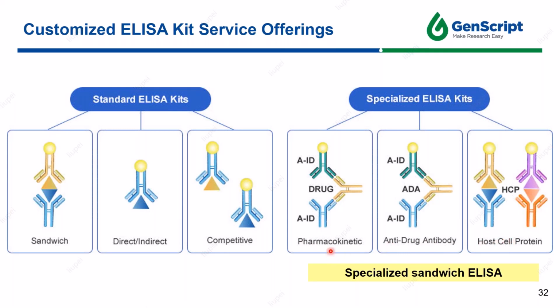For the PK, it can quantify the serum and protein drug levels to provide accurate PK data to guide the optimization of the drug dosing regimens. And for the host cell, we evaluate the presence of undesired host cell proteins during the purification process of the biologics.